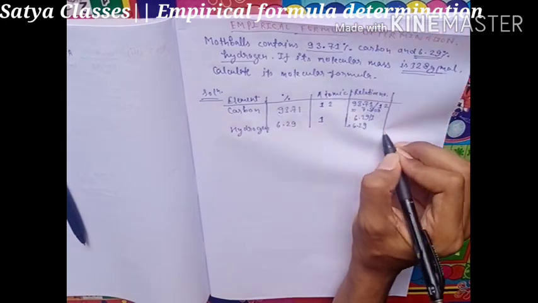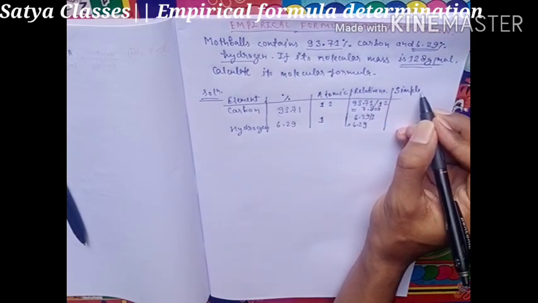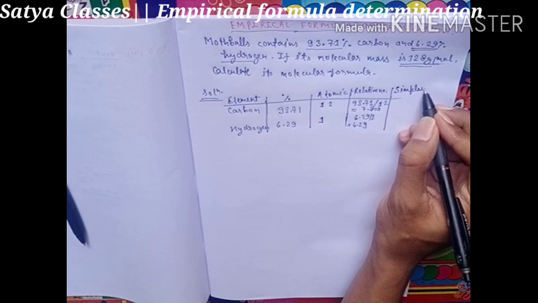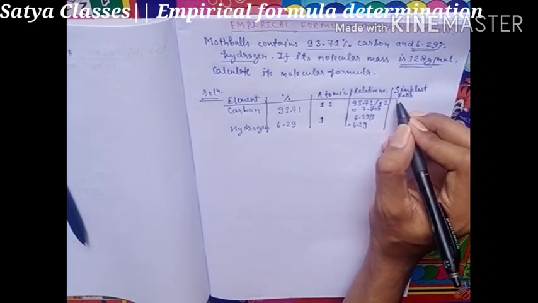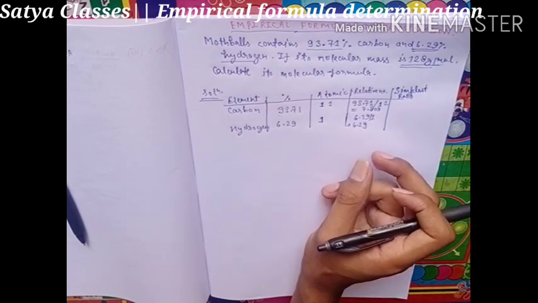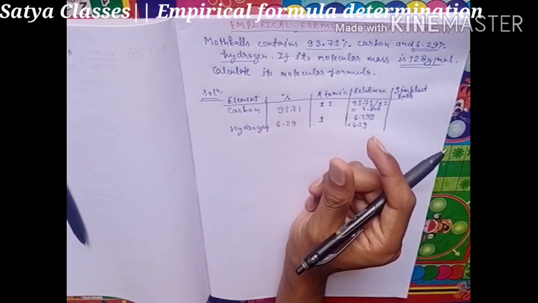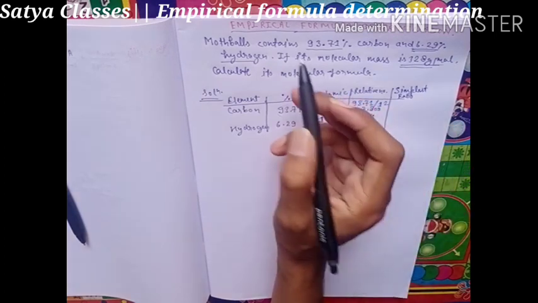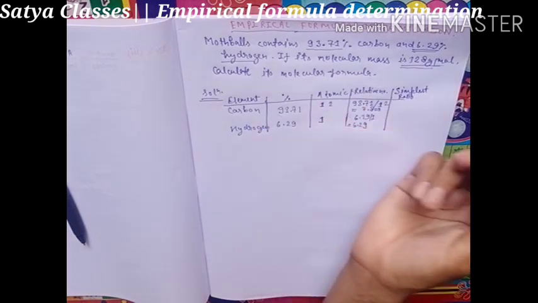Now the next step is to find the simplest ratio. Simplest ratio means the requirement is to make these numbers whole numbers, so that the empirical formula determination can be done easily.